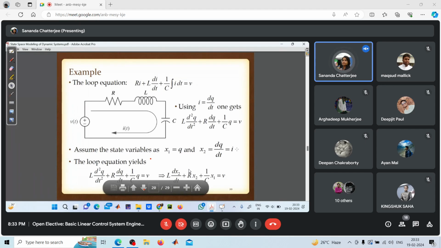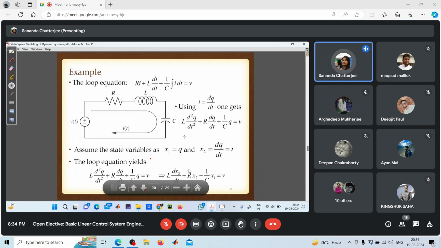We will take the voltage across the capacitor as our output. So you can follow the first method, that one state I will consider as the voltage across the capacitor, and the derivative of that voltage we will take as the second state. So this state space representation is not unique.